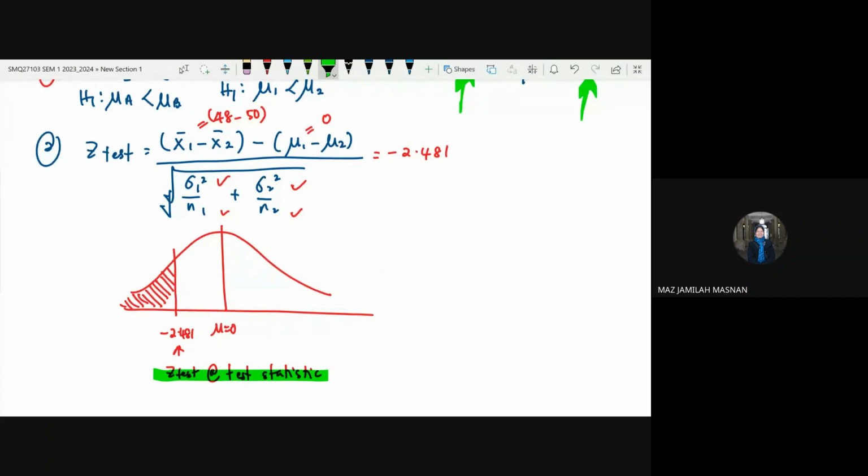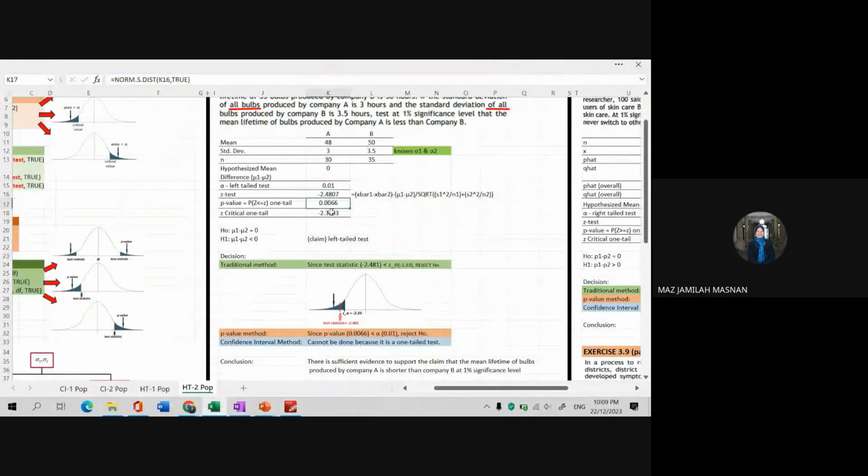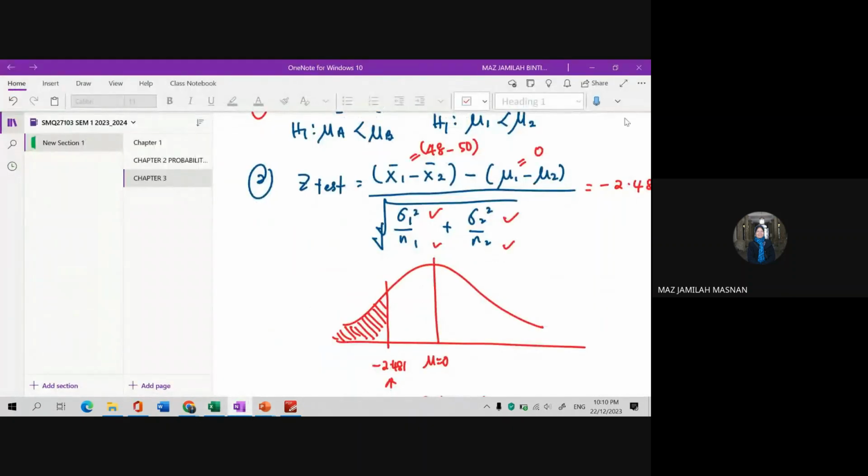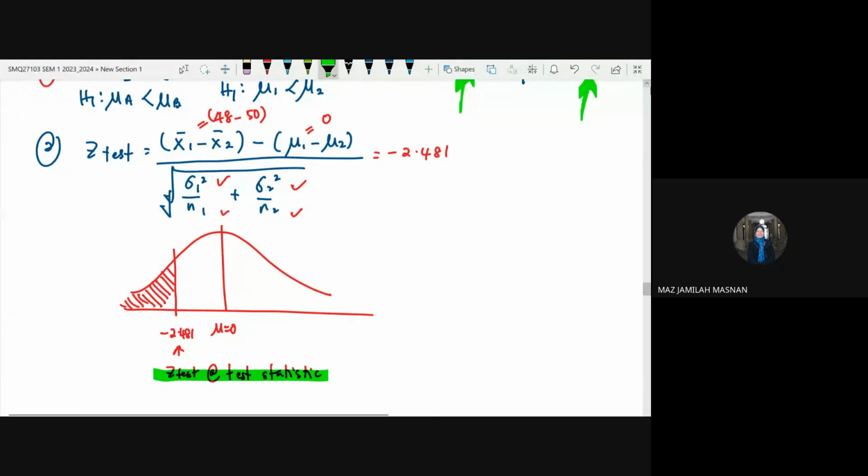Now, what is the critical value? For this particular case, this is a left tail test. The critical value using the Excel formula NORM.S.INV for the left tail test based on 0.01 is negative 2.3263. So negative 2.481 is much smaller.